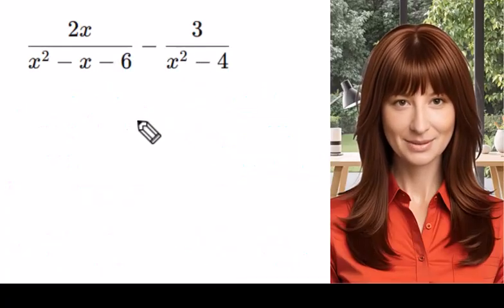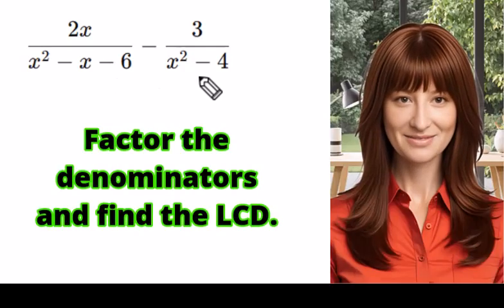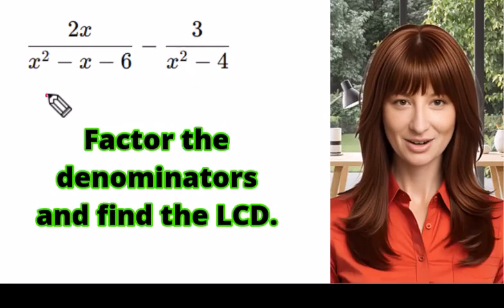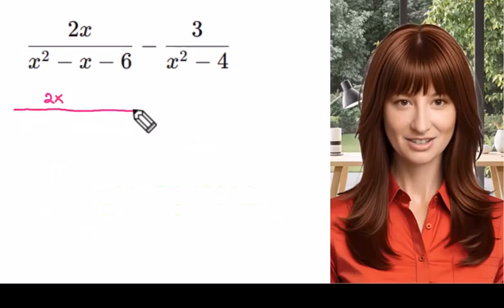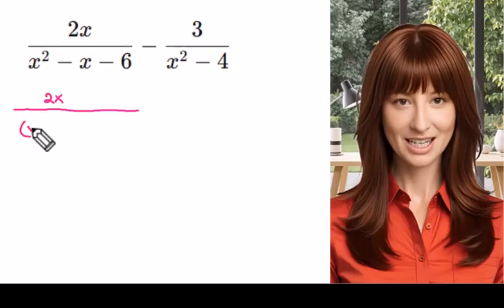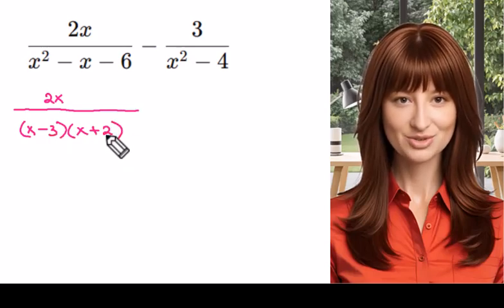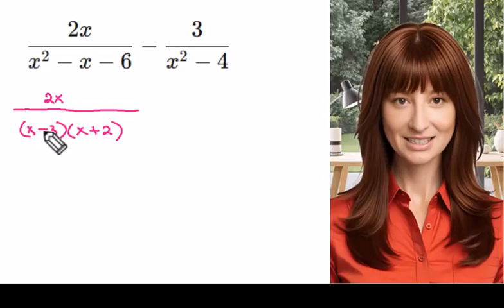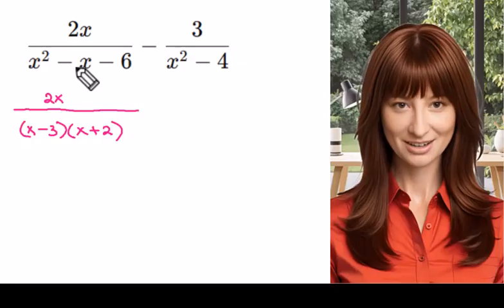In this last example, we are going to start again by factoring the denominators and finding the LCD. So let's rewrite each of the denominators in a factored form. I could write x squared minus x minus 6 as the product between x minus 3 and x plus 2, because negative 3 times 2 is negative 6, and negative 3 plus 2 is negative 1, which is this middle coefficient here.